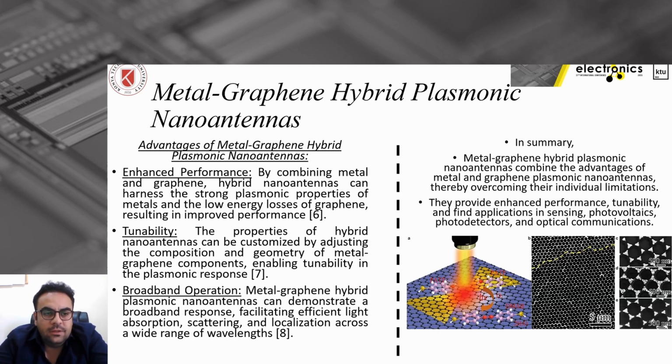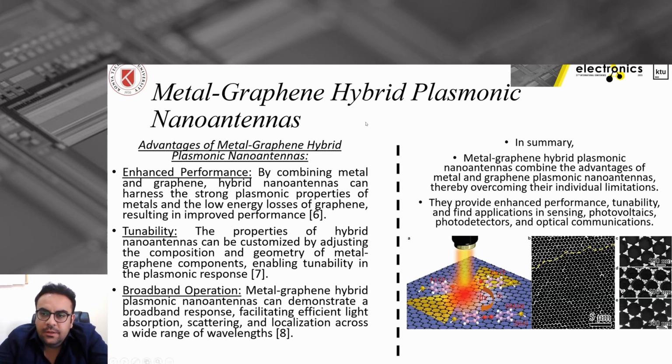The properties of hybrid nanoantennas can be customized by adjusting the composition and geometry of metal-graphene components, enabling tunability in the plasmonic response. And lastly, broadband operation, broadband response, facilitating efficient light absorption, scattering, and localization across a wide range of wavelengths.